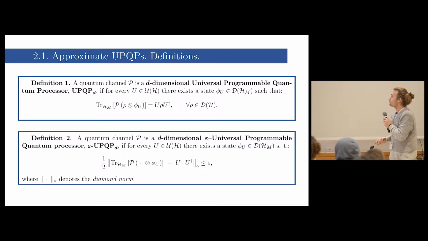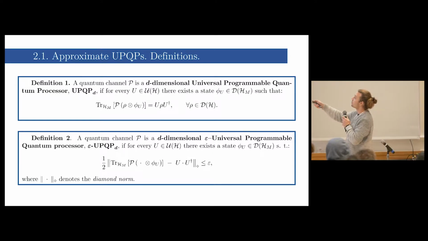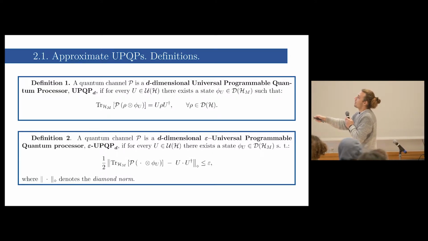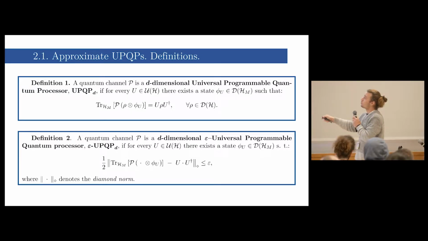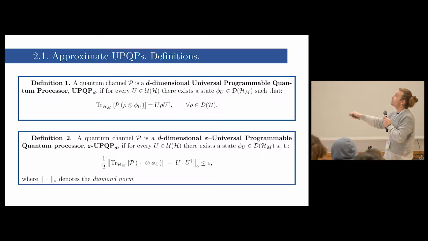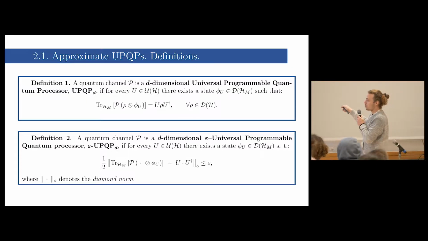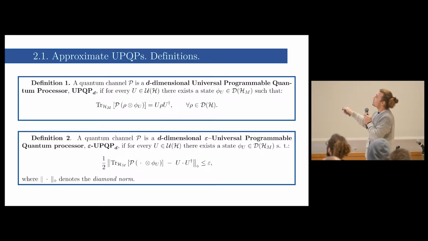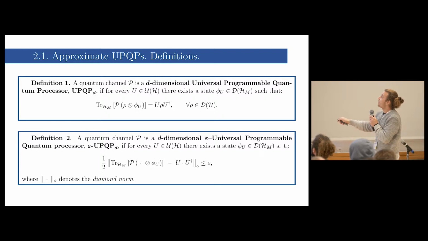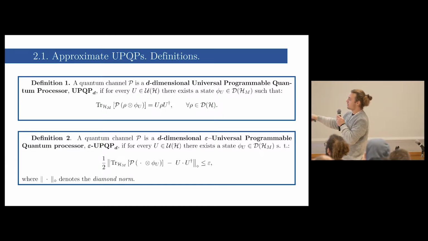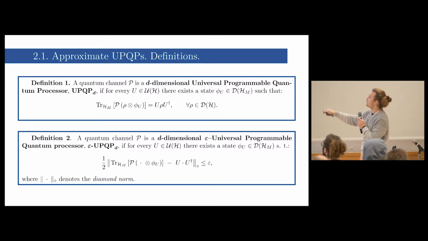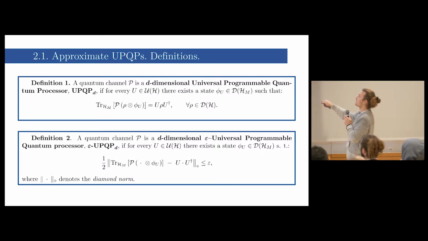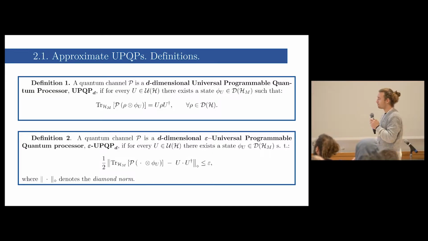The closeness notion will be given by the diamond distance. A quantum channel is an epsilon UPQP if, again, for every unitary on our input state, there exists some encoding in the memory space such that the quantum channel applied to this memory state is close in the diamond norm to the ideal channel, which applies directly the unitary on our input.